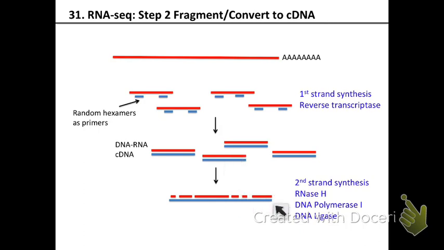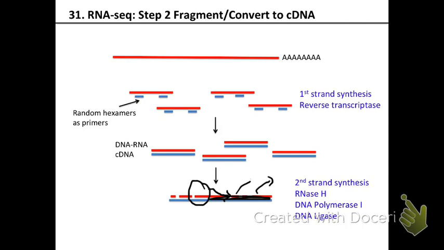DNA polymerase 1 uses the end of these RNA pieces as a primer to extend. With its helicase activity, it's going to remove all these little RNA pieces and then start synthesizing the complementary DNA, okay?